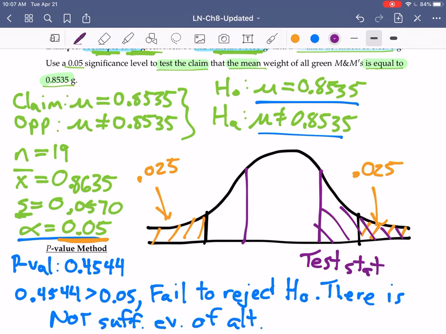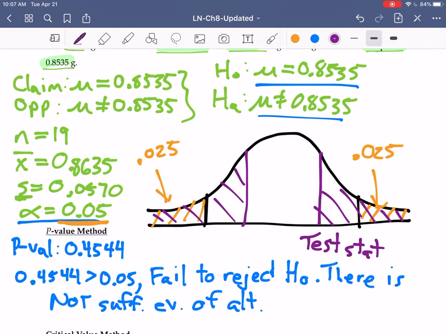The p-value is that doubled area. Because that area is more than the significance level, we fail to reject the null. We are not in one of those two orange tails.